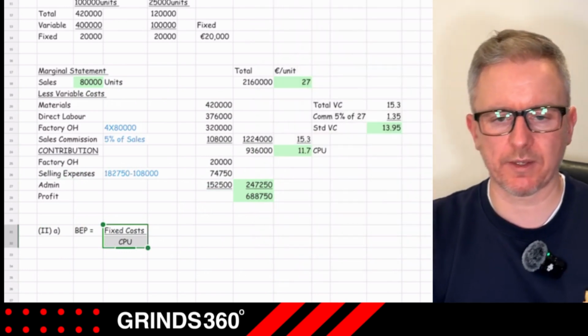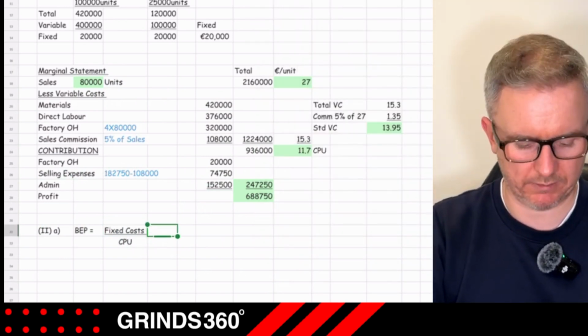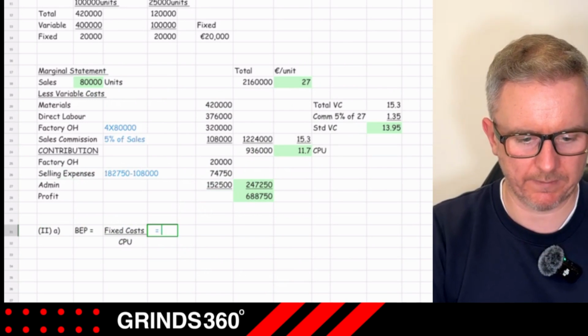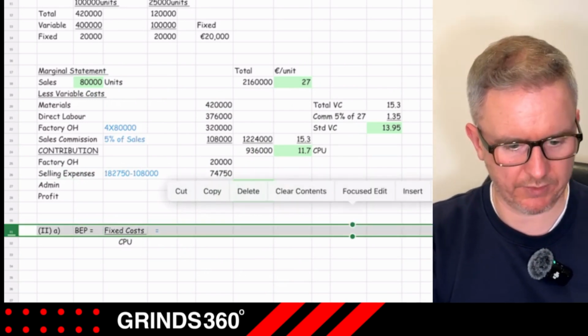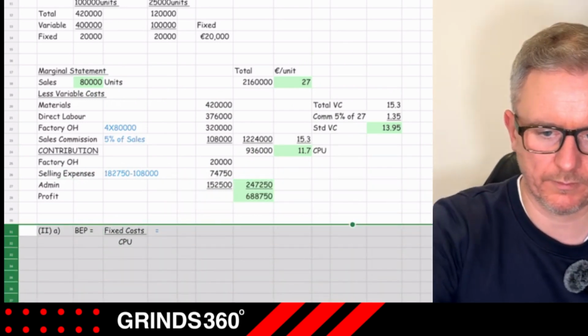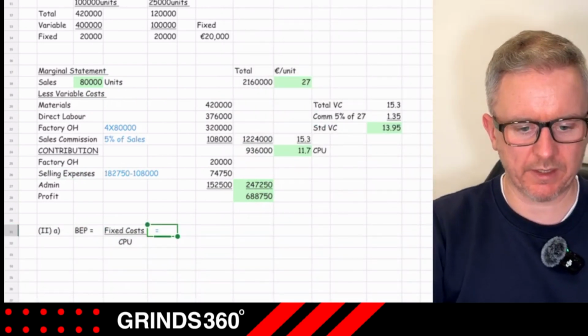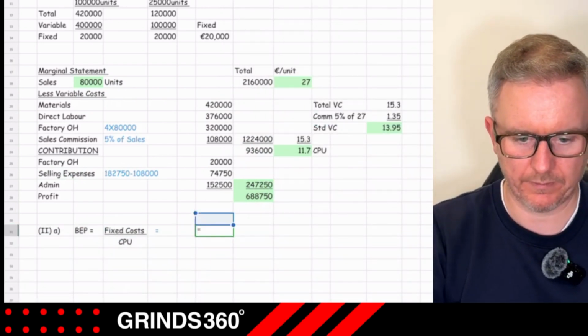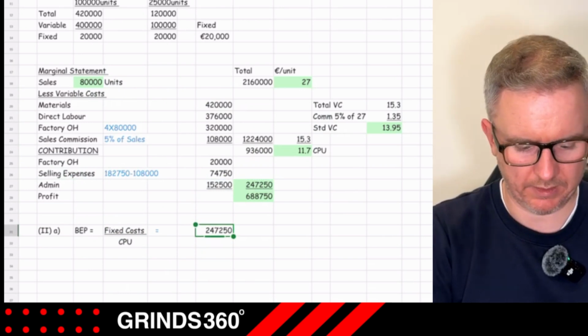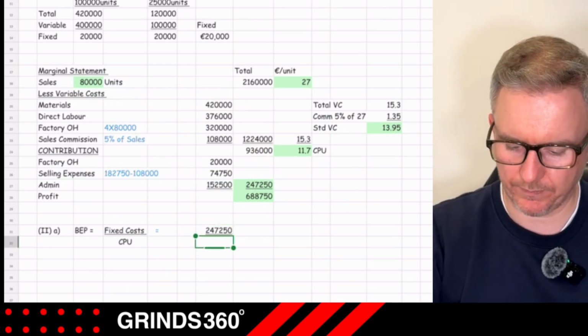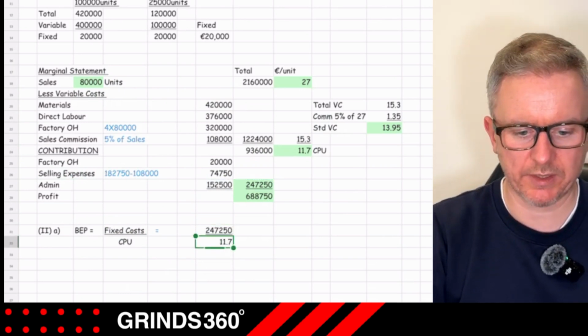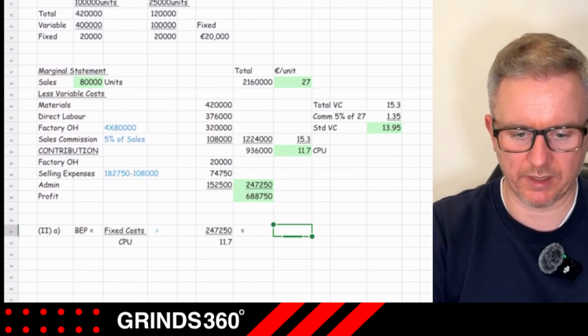In a way, that's the only formula that you actually do need to learn. Sorry, I'm just going to change the font color for all those. So take your fixed costs, your 247,250, take your CPU, €11.70, and you're just dividing them.